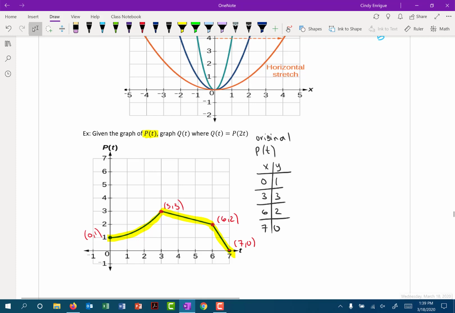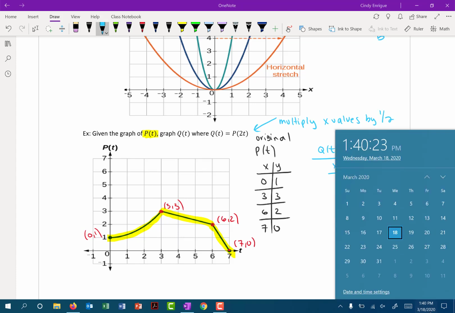Now, what I'm going to be doing for my q of t is, you remember, I'm going to be multiplying all of my x values by 1/2. But my y values are still going to be the same. So this is telling me multiply x values by 1/2. So my y values stay the same.